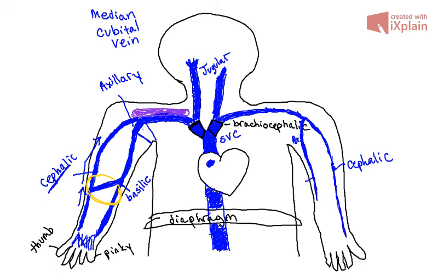If you like to cook, you know the word basil, the herb basil, and it's spelled the same way, just with an IC at the end. And this goes down toward the pinky side of your hand. And right there in the middle where the elbow is, it comes from the cephalic, and it goes over to the basilic, and that is the median cubital vein.